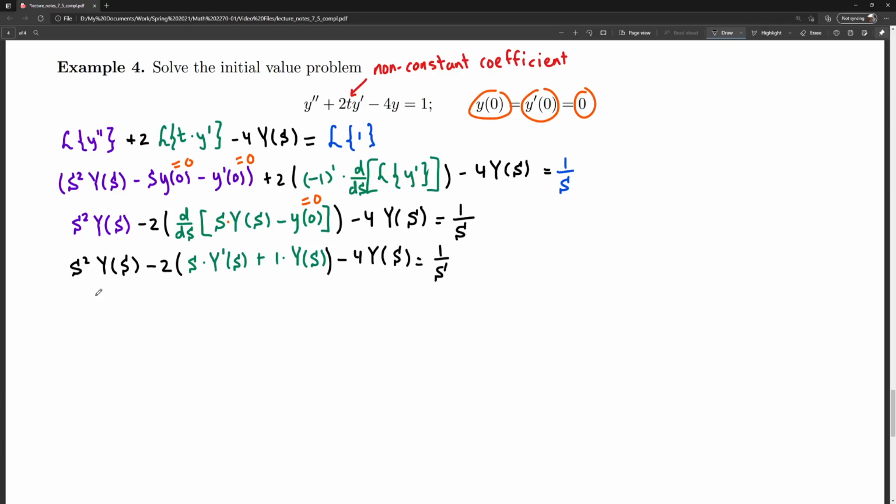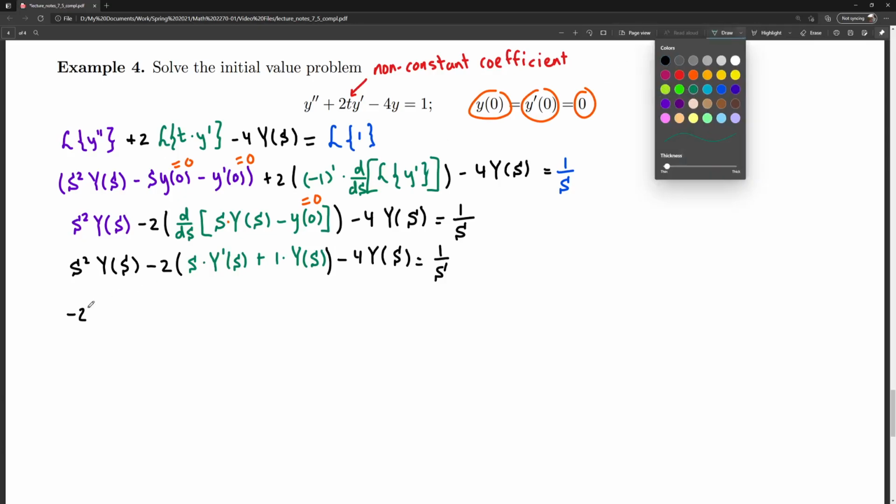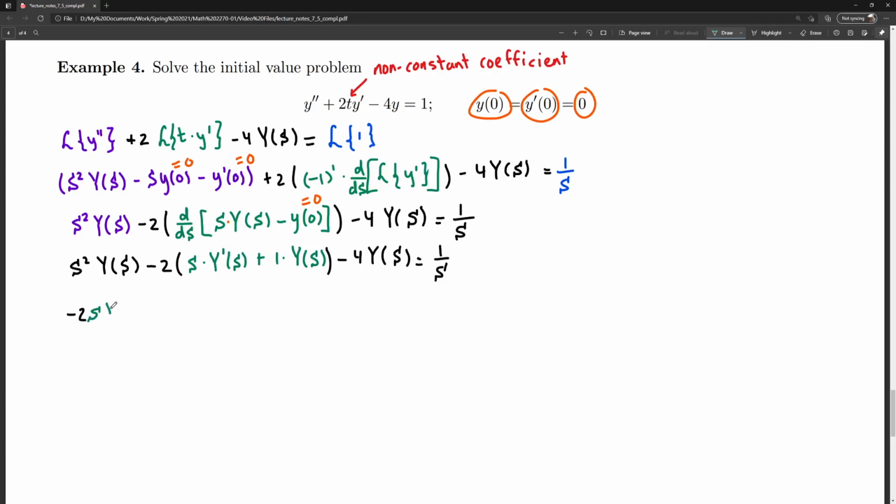Now, if we simplify that and take the Y prime to the front, we get -2 times s times Y prime of s, and then plus s squared minus 6 times Y of s.